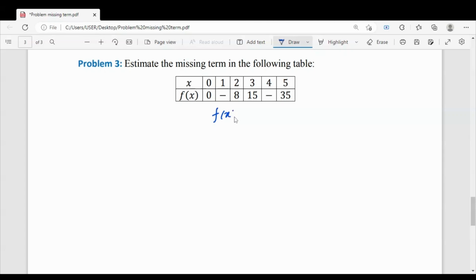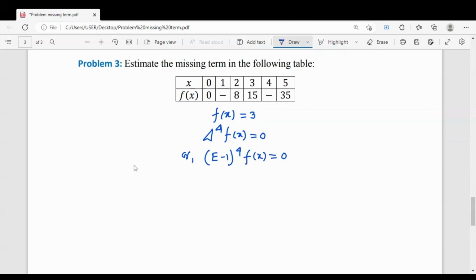whose degree equal to 3, and using the previous formula we can write delta to the power 4 f(x) equal to 0. Also we know that delta equal to E minus 1, so if you put E minus 1, this equation becomes (E minus 1) whole to the power 4 f(x) equal to 0.